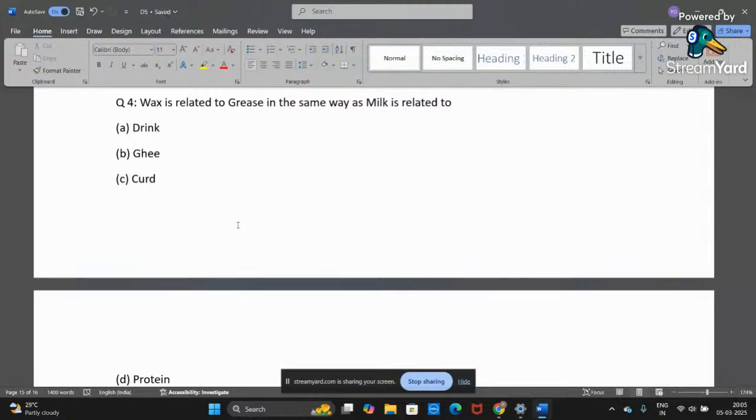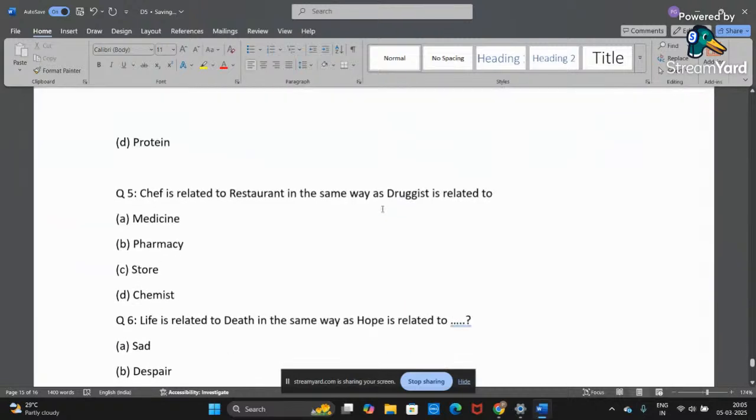We get grease from wax. Yes, curd is the answer. We derive curd from milk, right?